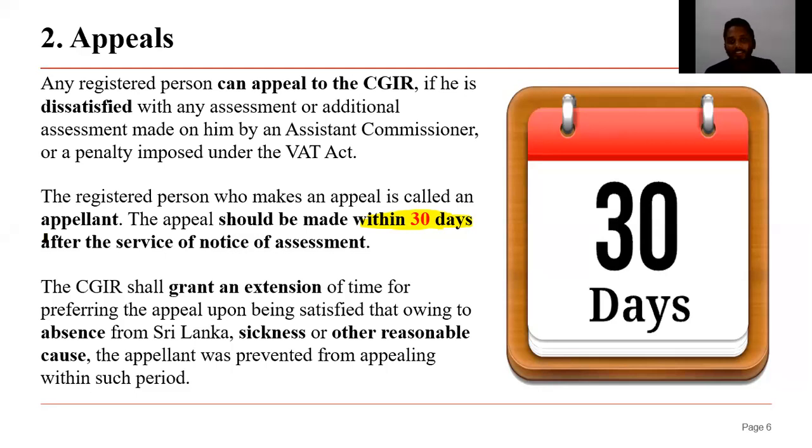There are also some very recent cases, due to the COVID situation, where they issued an assessment as per the system but the taxpayer didn't get it. So there is a practical solution where they are not referring to the 30 days period, and the taxpayer is allowed to appeal at any time. It is the practical solution they have given recently.